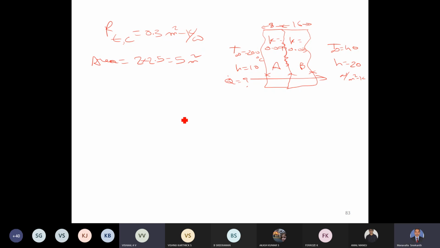So the actual resistance will be this contact resistance. The symbol will have a double prime, because it is for a certain area. So the thermal contact resistance is this contact resistivity divided by the area.